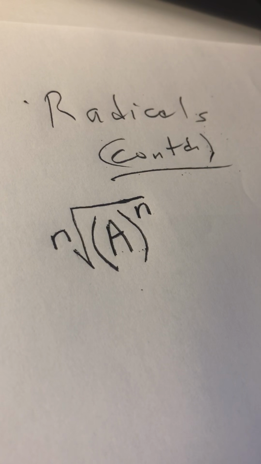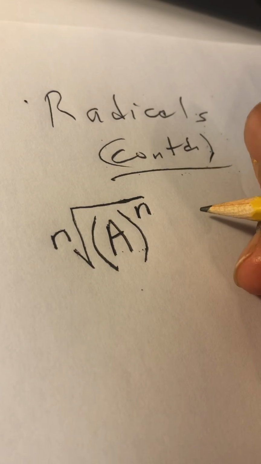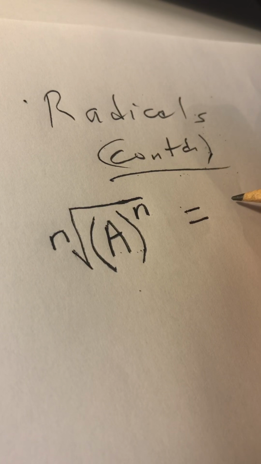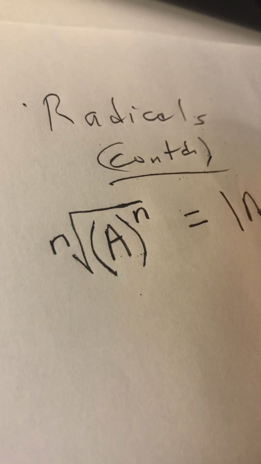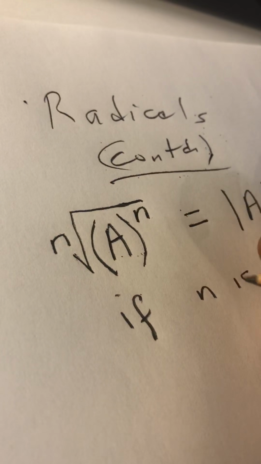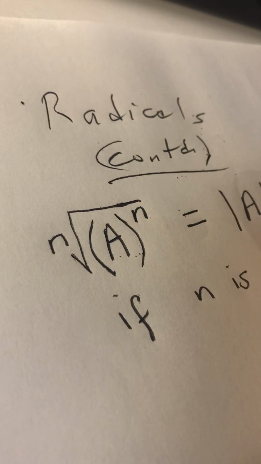The nth root of a to the n is equal to the absolute value of a if n is even.